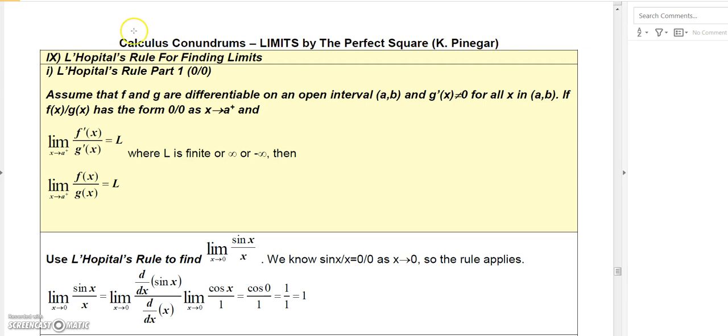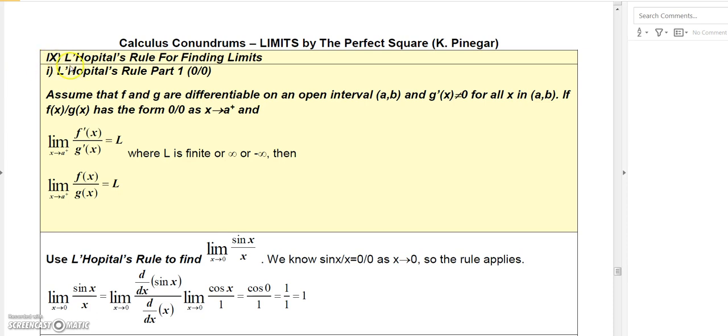One thing I want to warn you about in this particular section, let me give you a little bit of history. Generally, limits are covered at the beginning of a calculus course, and then you learn how to find derivatives. And this particular rule that I'm going to show you actually requires you to know how to find derivatives to find limits, this L'Hopital's rule.